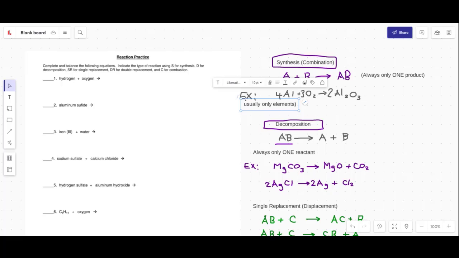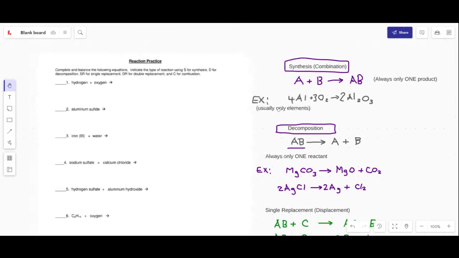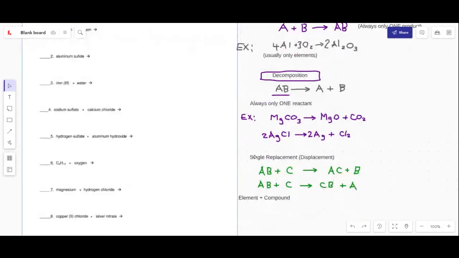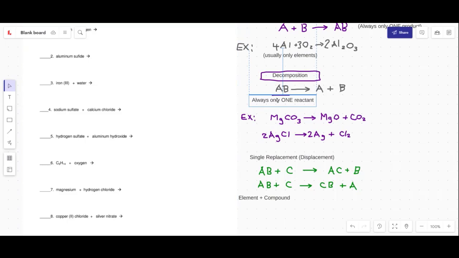So this is an important giveaway that it's going to be a synthesis, that usually it's only elements in the reactants. And with decomposition, it's pretty easy because it's always only one reactant. So that's easy to spot.